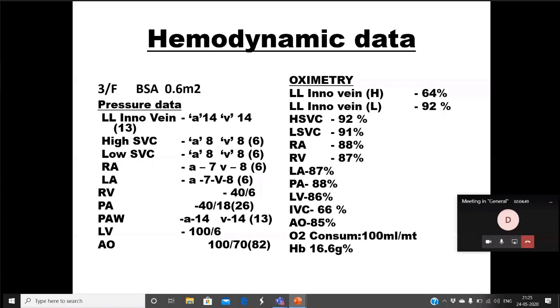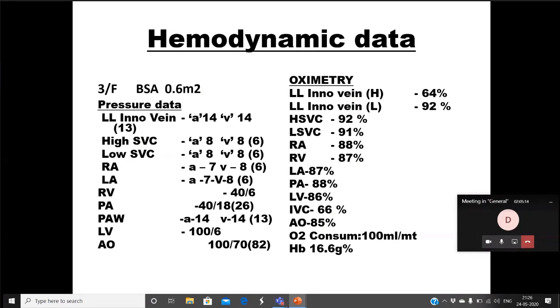Low SVC is 91. There is a step down at RA level of 3%, which is not significant. And RA and RV saturations are equal. LA, PA, there is no difference, and LV is around 86.